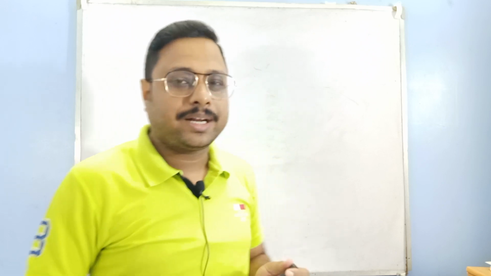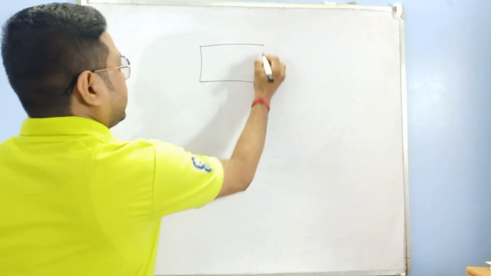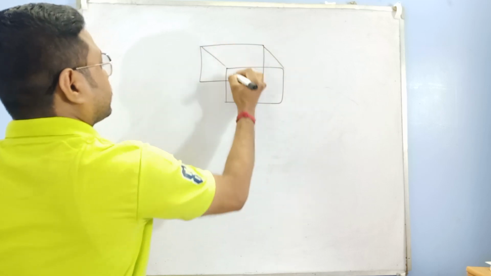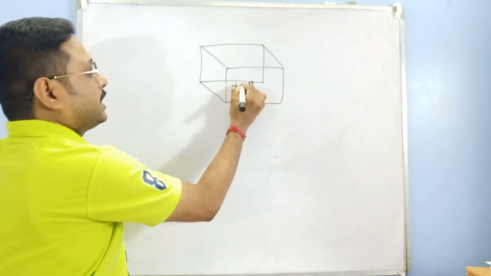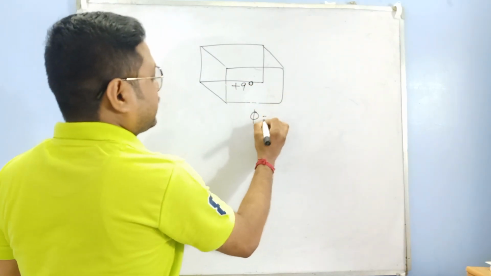So today we learn about application of Gauss law. If I asked you, what is the electric field of a cube? If a charge q is placed at the center of a cube, then what is the total flux?